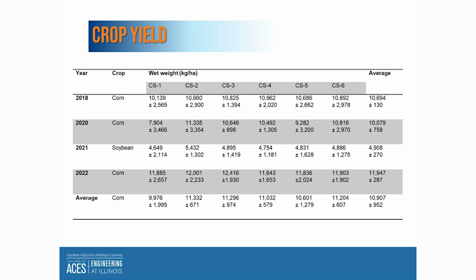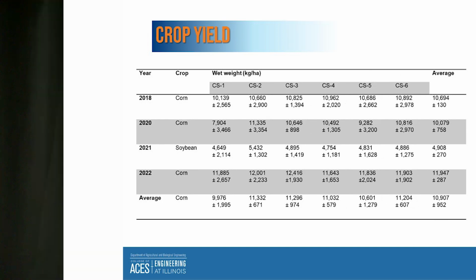I would not say it is statistically significant because we just had 4 data points, but our CS1 and CS3 combination had almost 3% and 5% average less yield than our CS2, CS4 versus CS5, CS6 combination. So with closer spacing, not only do you lose more water and nitrate, but it can also give a slightly smaller yield compared to a wider tile spacing.